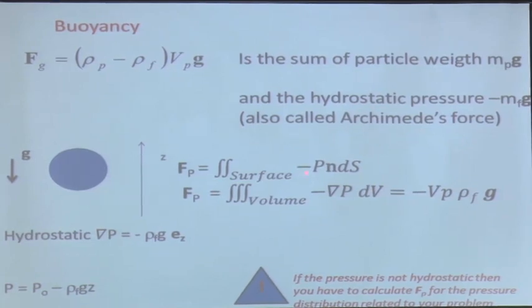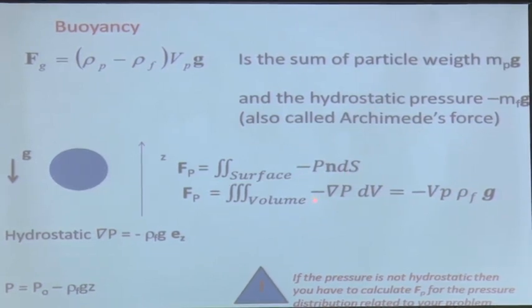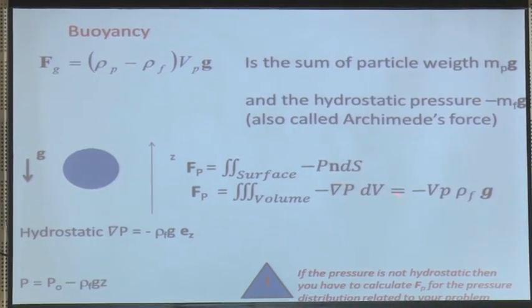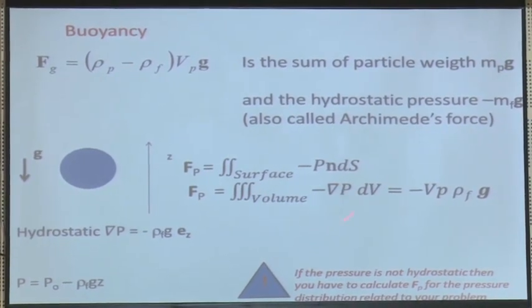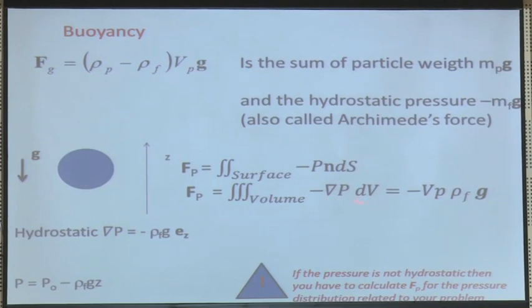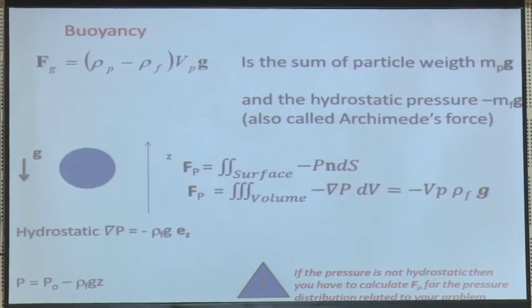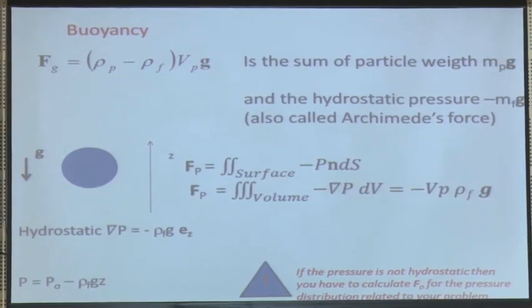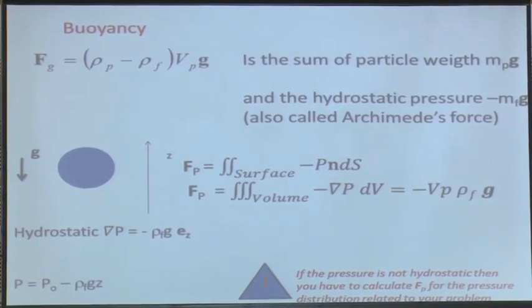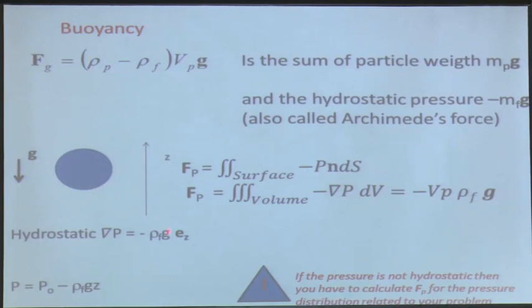So instead of minus P n dS, it's minus the gradient of P integrated over the volume. And the gradient of P is, of course, constant, because if you take the derivative over z, it's a constant. So it's rho_f g along the z direction. And because that is constant, you can pull it out.